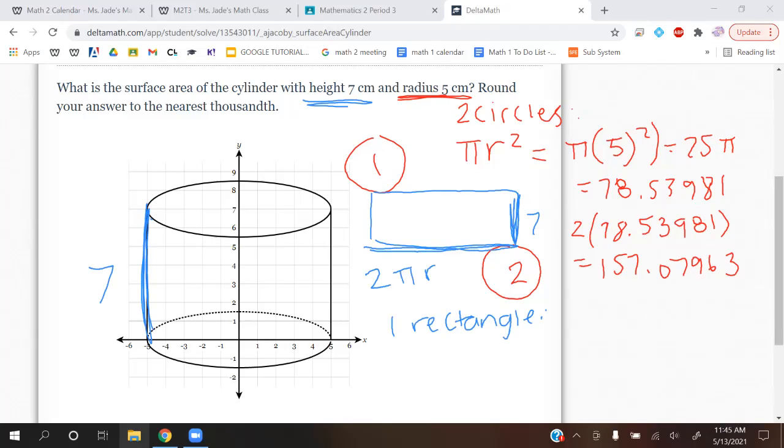So it's 7 times 2 pi r. Oops, and we don't write r. We're going to write the actual radius, which is 5. So 7 times 2 pi times 5. And I'm going to type that into my calculator. And that gives me 219.911485.